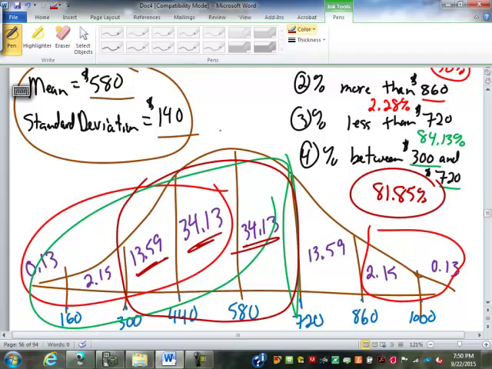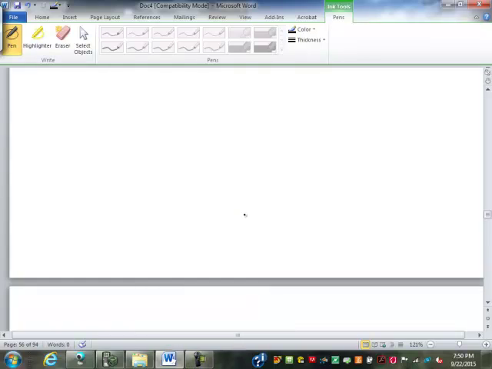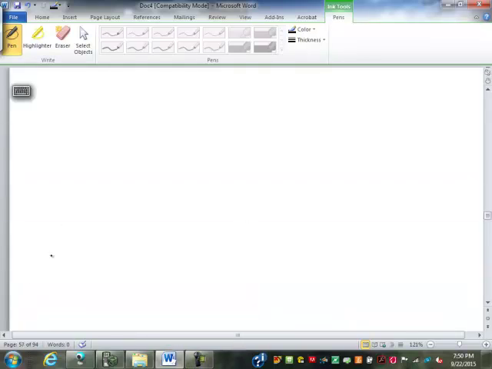Okay. So the key here is these percents in the curve are always going to be the same. In fact, I could draw the curve before I even define the problem. So I can do this. I can draw the bell curve.